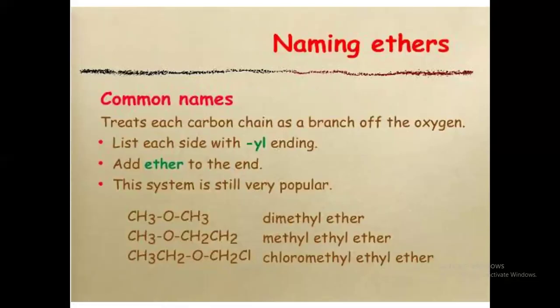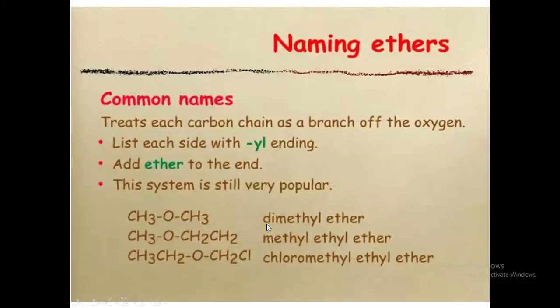In terms of nomenclature, naming ethers, you know that ethers tend to have an alkyl group, oxygen in the middle, and an alkyl group. So you can name them by naming the alkyl groups followed by ether. That is, you list each of the alkyl groups with a yl ending and then add ether. If you look at this first one, this is a methyl group, another methyl group.